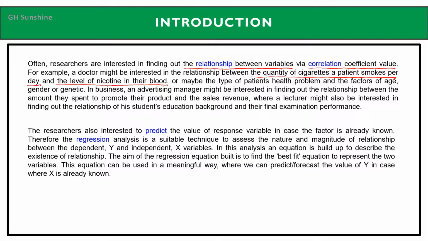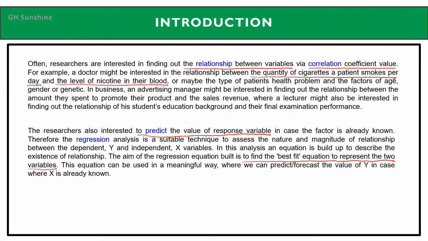Then, the researchers are also interested to predict, to forecast, to estimate the value of the response variable in case the factor is already known. The aim of the regression equation is to find the best fit equation to represent the two variables.